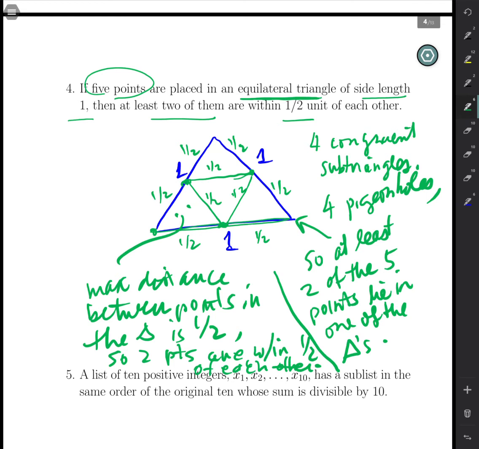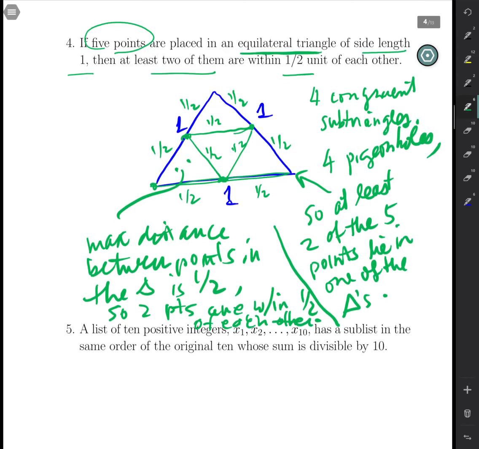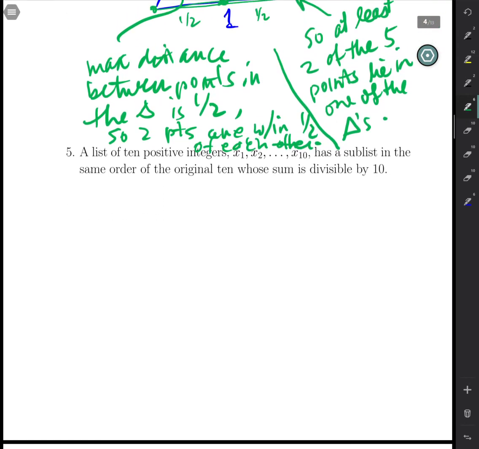And finally, we'll end up with this next one. It is even more interesting, I think, and there are a lot of them like this. As I say, there are some sophisticated things that we can prove using the pigeonhole principle. This one says a list of 10 positive integers. I don't care what they are or how they are arranged.